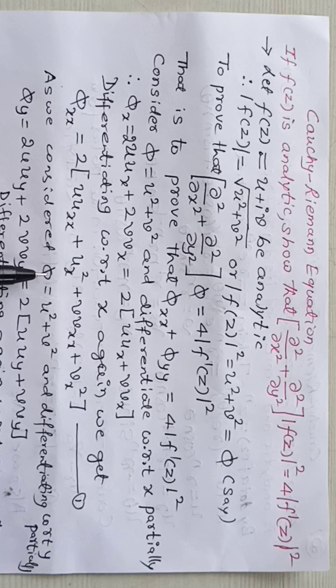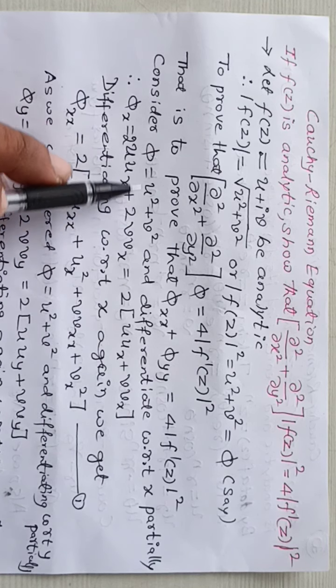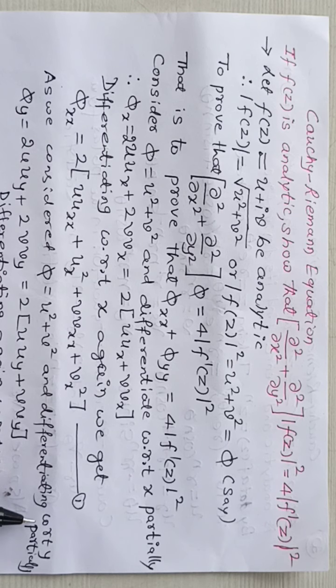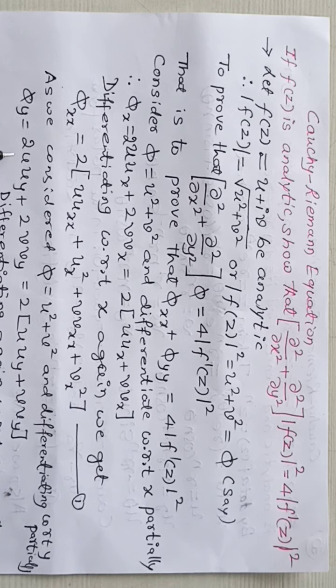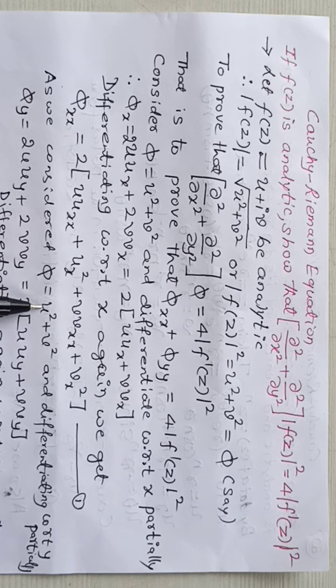As we considered φ = u² + v², differentiating with respect to y, we get φy = 2u uy + 2v vy, which is 2(u uy + v vy).